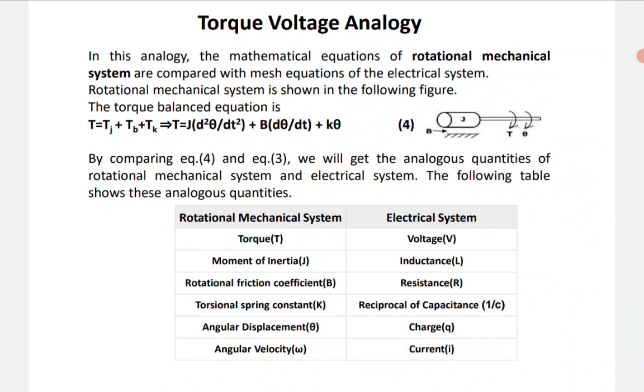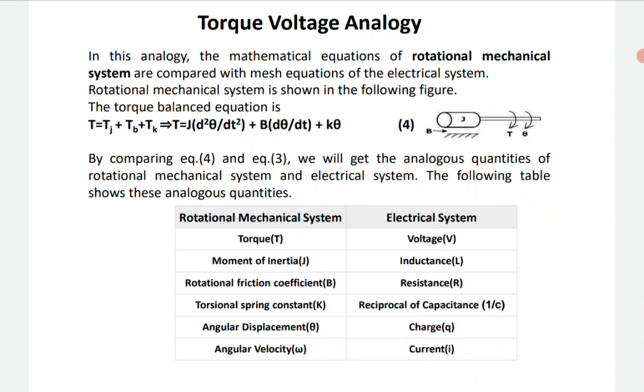So the rotational mechanical system comprises the balancing torque equation due to the individual components. That means the total torque T is equal to the torque due to the moment of inertia, T suffix j, plus the torque due to the damping constant, or dashpot, T suffix b, plus the torque due to the torsional spring constant, T suffix k.